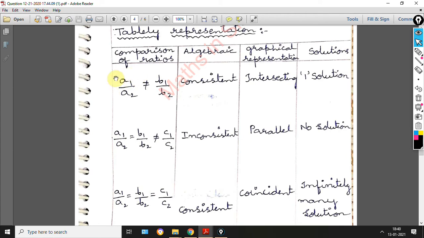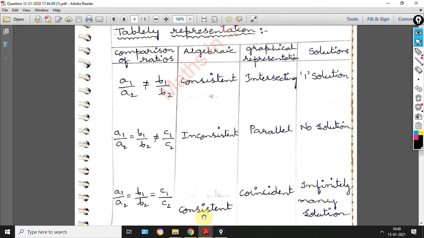We have to see which condition it satisfies. If it satisfies the first condition, it is consistent. If it satisfies the second condition, they are inconsistent and parallel. If it satisfies the third condition, they are consistent and coinciding.